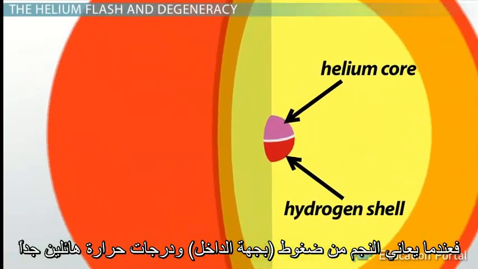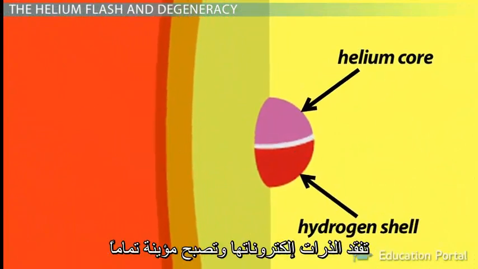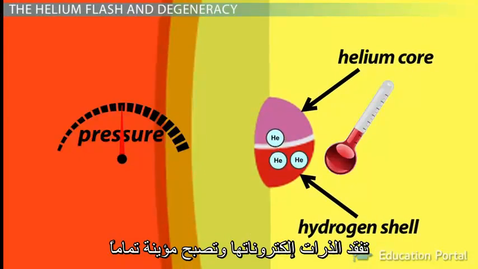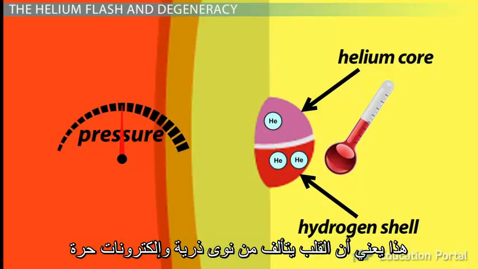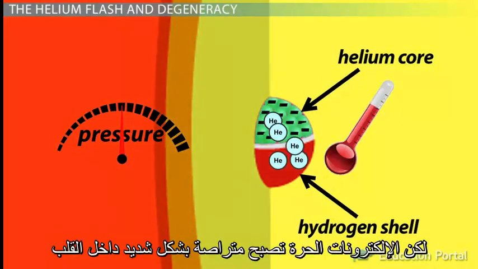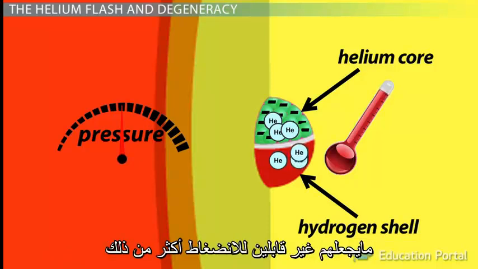Under such large inward pressures and temperatures, the atoms lose their electrons and are completely ionized. This means the core is made of atomic nuclei and free electrons. But the free electrons become so tightly packed in the core that they cannot compress any further.